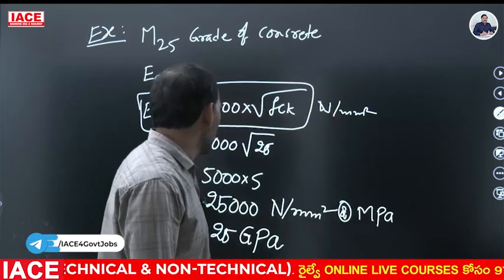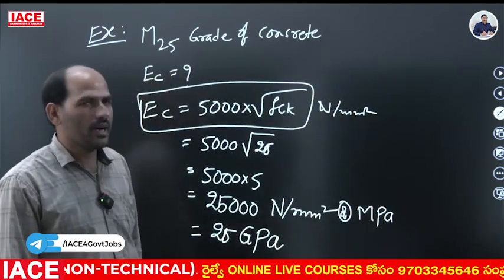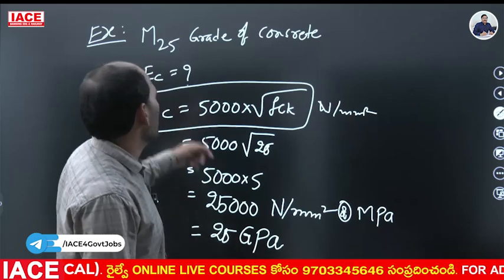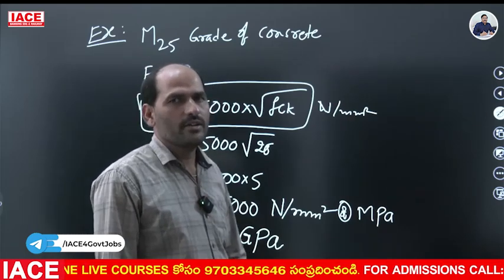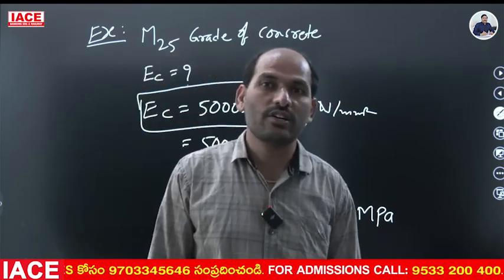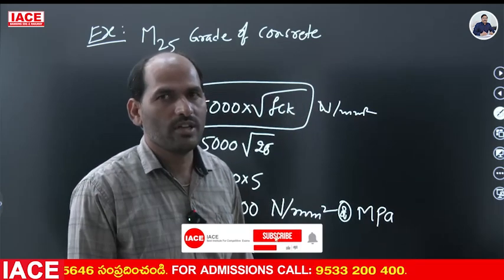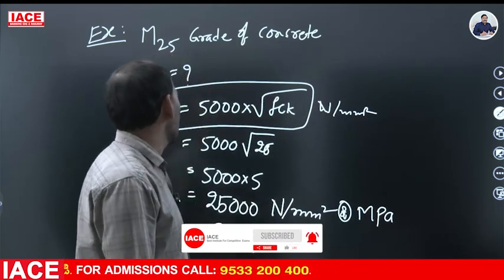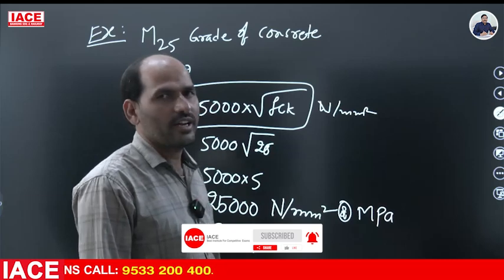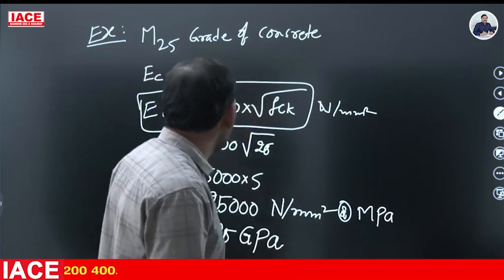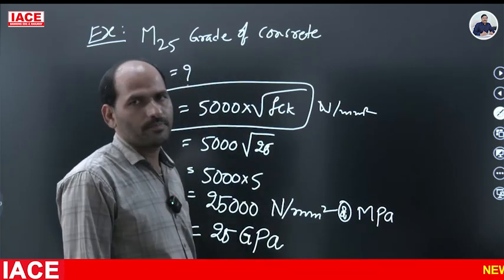So we write it as 25 gigapascal. So the secant modulus or static modulus value of M25 grade of concrete is 25 gigapascal.